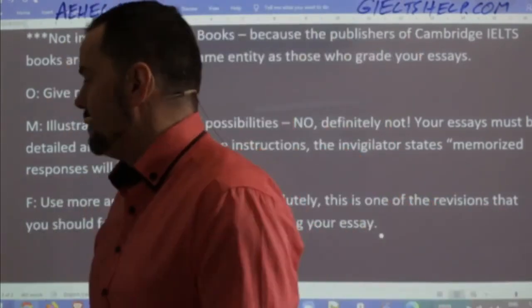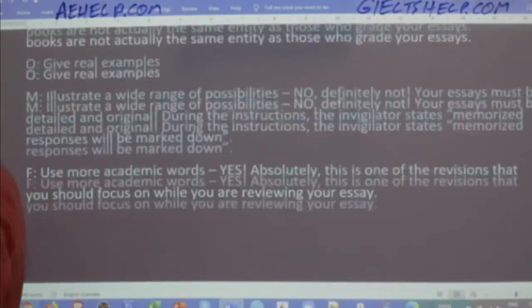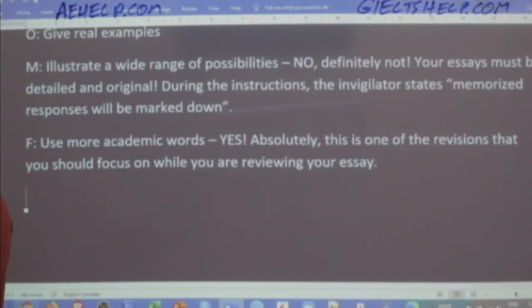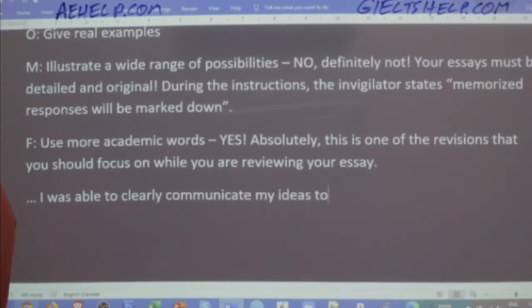So for example, let's say I'm writing my essay, just to give you a quick idea here, and I write, I was able to clearly communicate my ideas to the students.